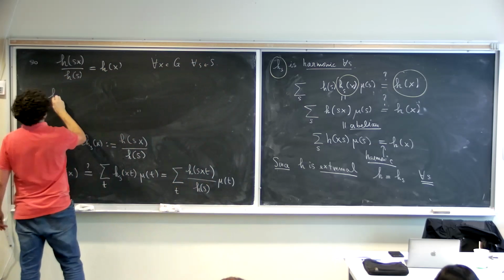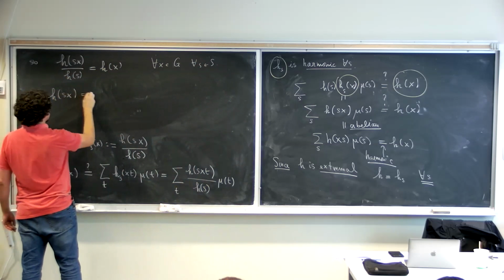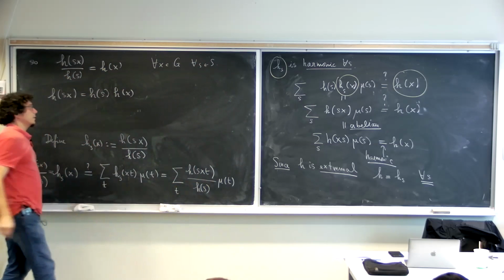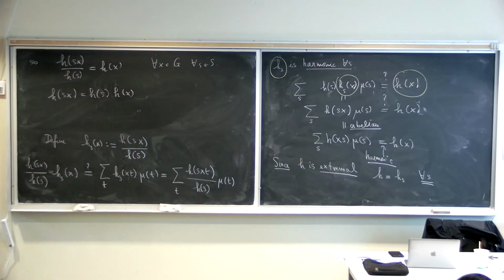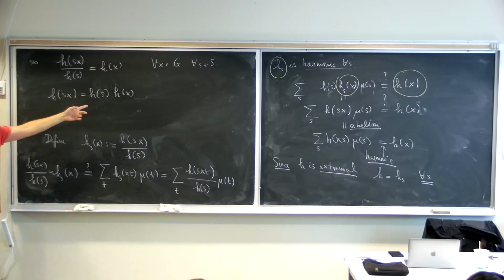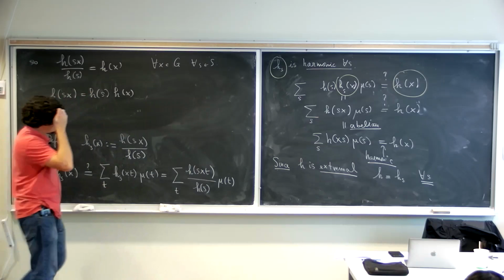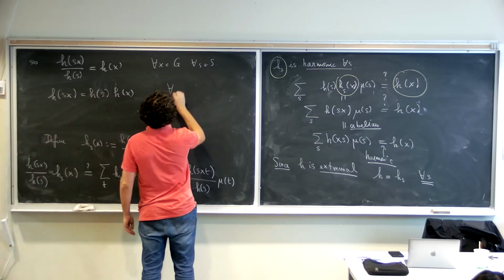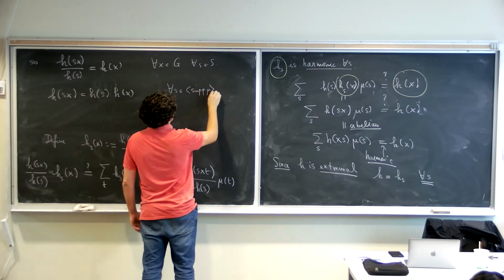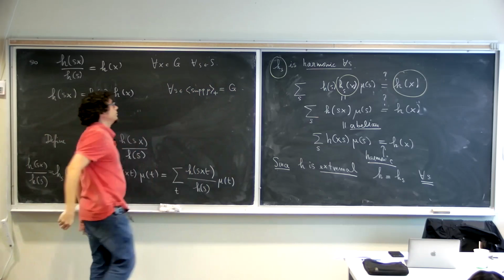So in particular, H of Sx equals H(S) times H(x). And we are assuming that the support generates the whole group, so this holds for every S in the semigroup generated by the support of mu, which is the group.